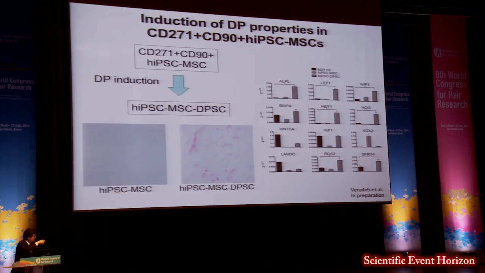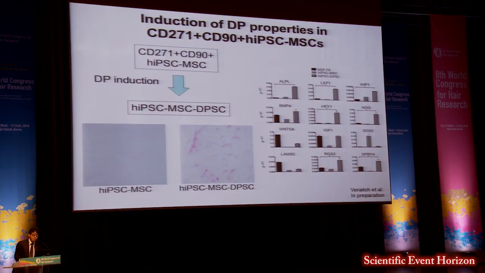As you can see here, those double positive cells are exposed to the DP induction condition. Interestingly, this is a positive control, and this is alkaline phosphatase expression, which was significantly upregulated after this cell population was exposed to the DP induction condition. Please also pay attention to the morphology of those cells.